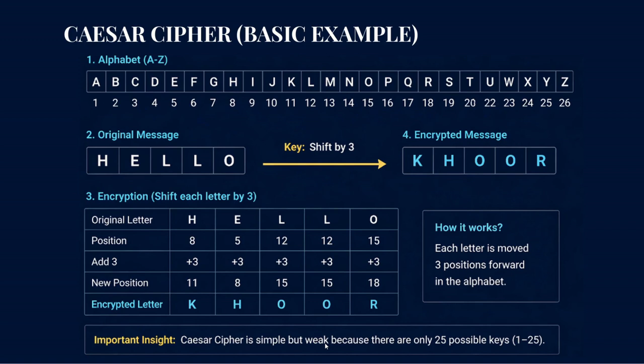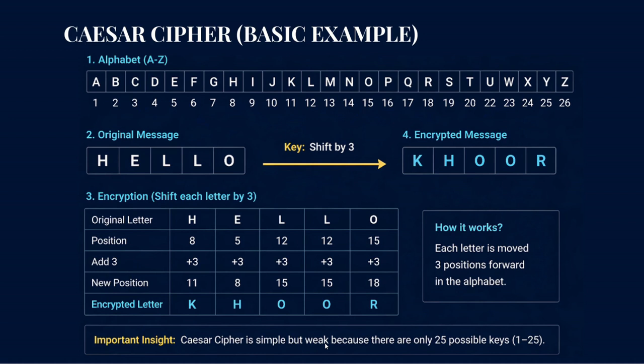Now understand what just happened. We used a key, we applied a transformation, and we converted readable data into an unreadable format. But the problem is this method is very weak. Why? Because there are only 25 possible shifts. So a hacker can simply try all the possible values and easily break the message.